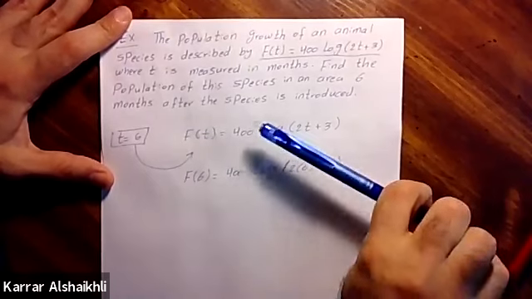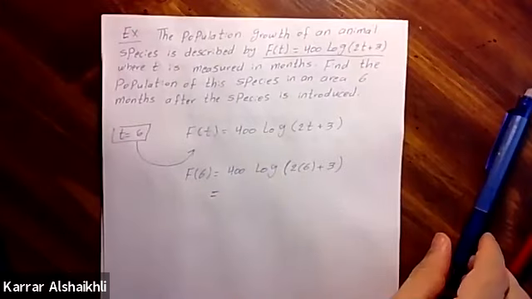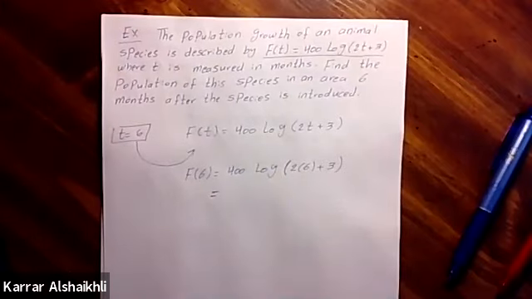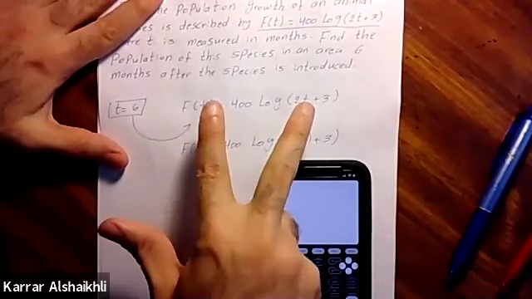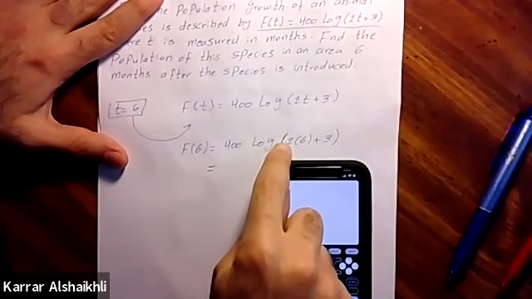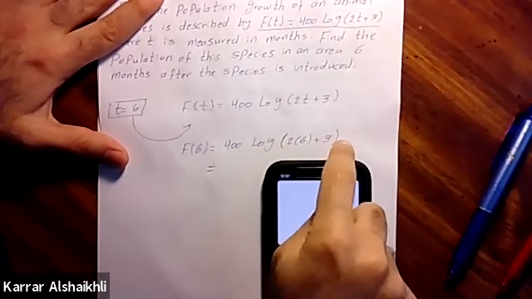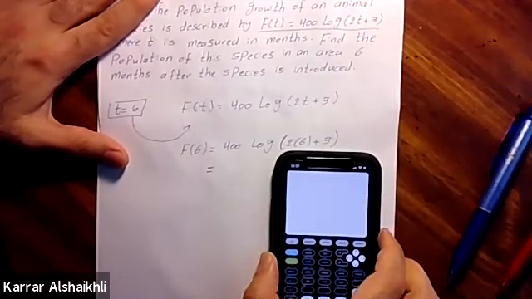That's it. Here are the 2 steps, and it's going to be the result here. We're going to use the calculator. Again, be careful when you plug in using the calculator. Do not make mistakes here. Plug in exactly the formula. I put 400 log, then parentheses, because there is a large parentheses, 2 times 6 plus 3. So I'm going to plug in exactly the same thing.